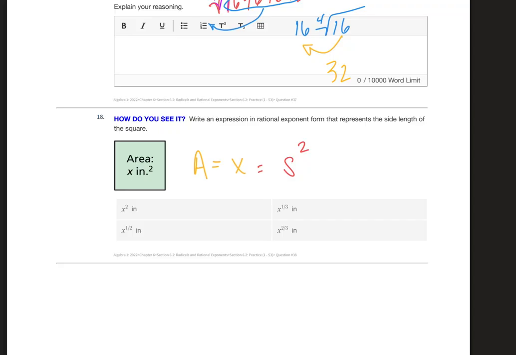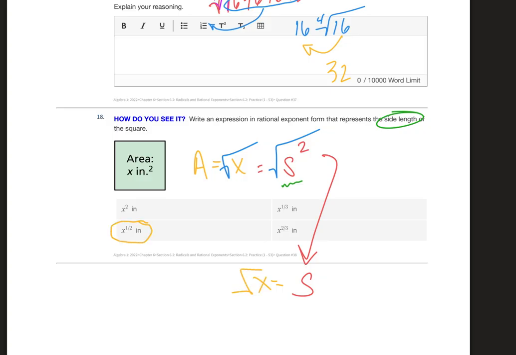So how are we going to represent a side length? Well, to get the side by itself, we're going to take the square root of each side, and we now have that this becomes s, and the other side is now the square root of x, which is x to the 1/2 power.